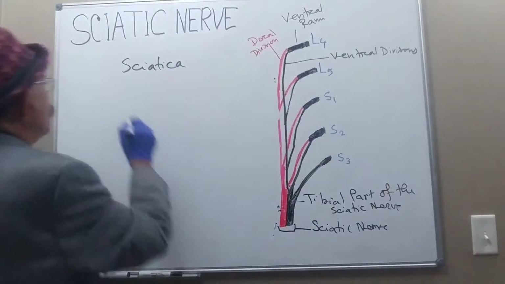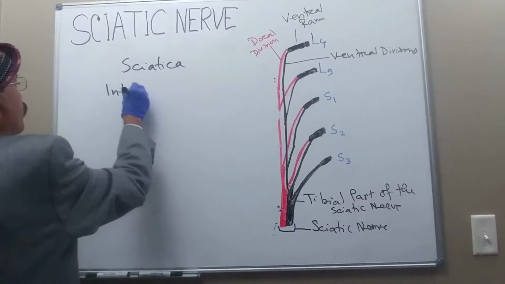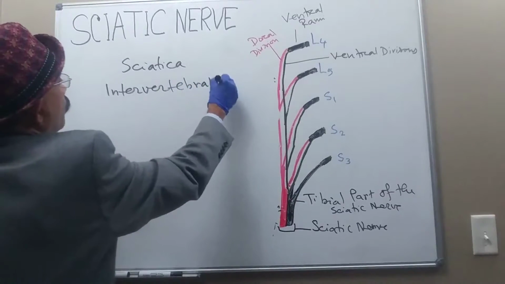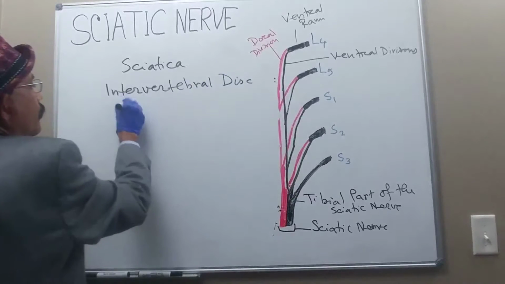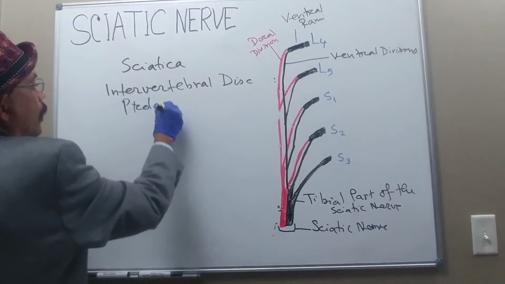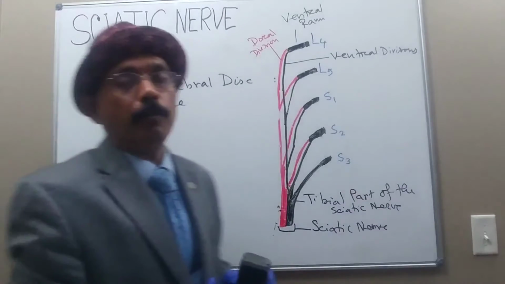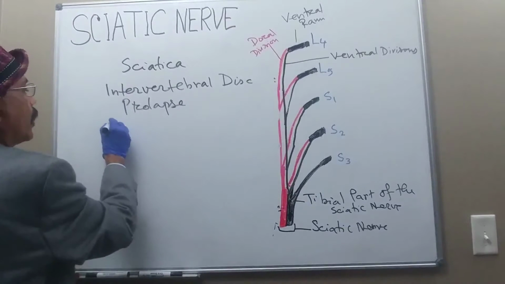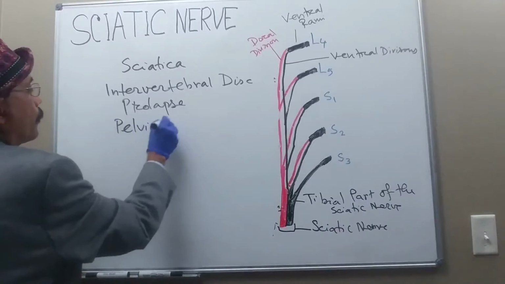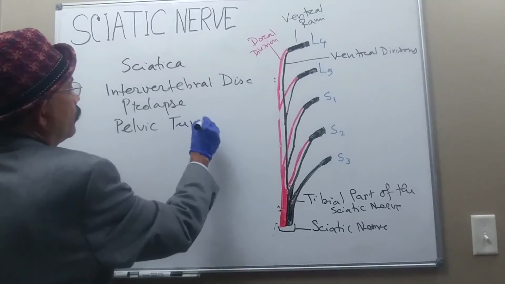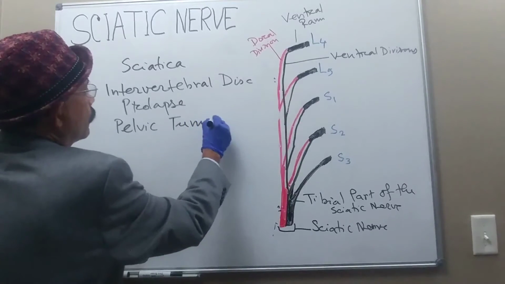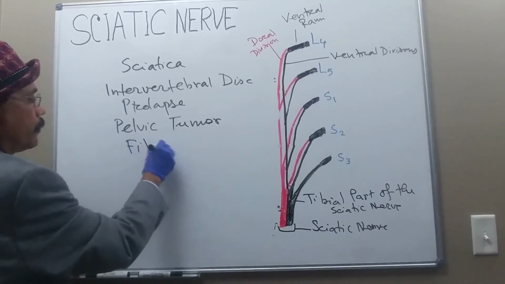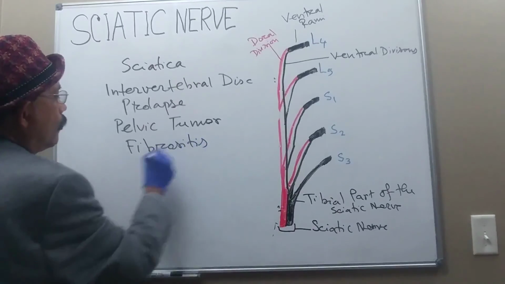This may happen due to intervertebral disc prolapse, especially the herniation of the nucleus pulposus through the annulus fibrosus, or there may be some type of pelvic tumor, or some type of fibrositis, osteoarthritis.